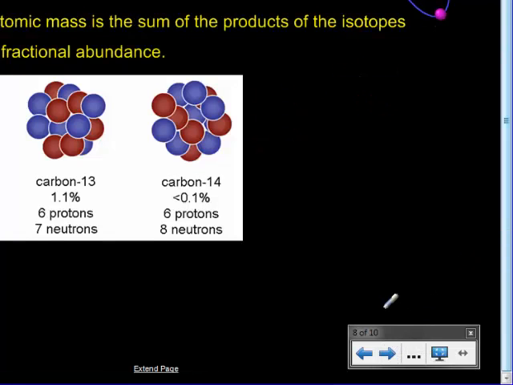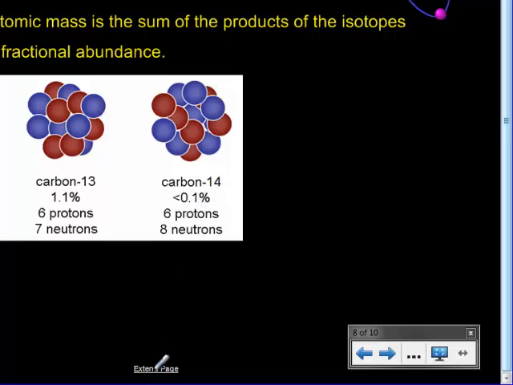The average atomic mass of elements is determined by the fractional abundance of the different isotopes. If we look at carbon-12, we figured out that 98.9% of all carbon is carbon-12, 1.1% is carbon-13, and less than 1% is carbon-14.